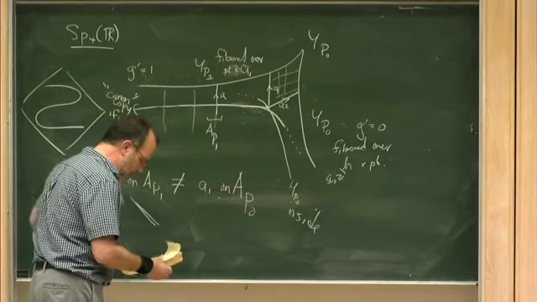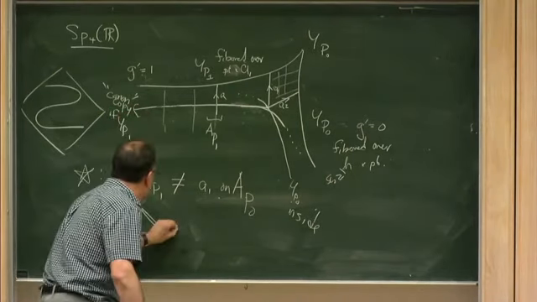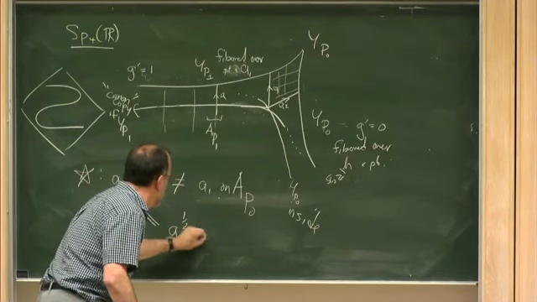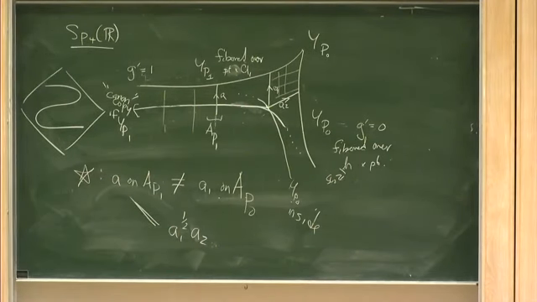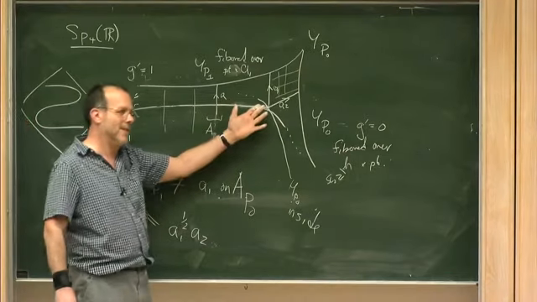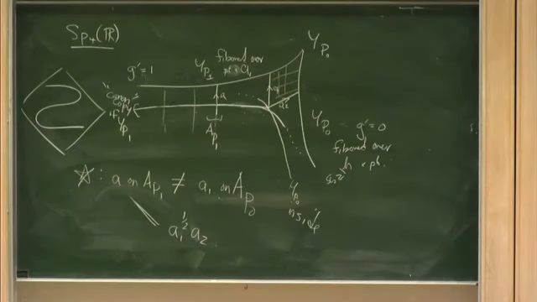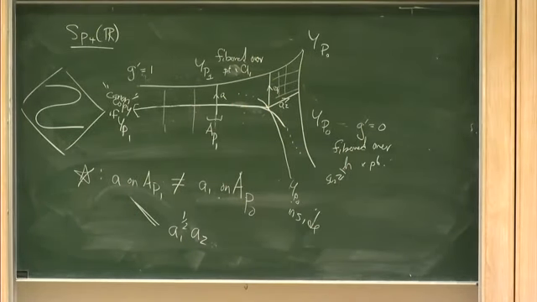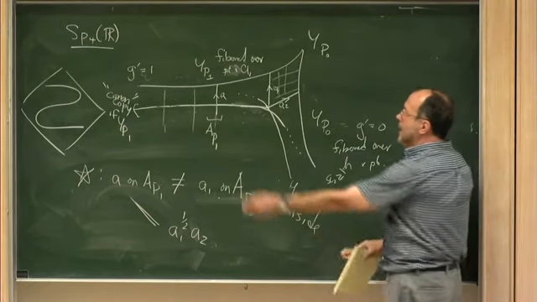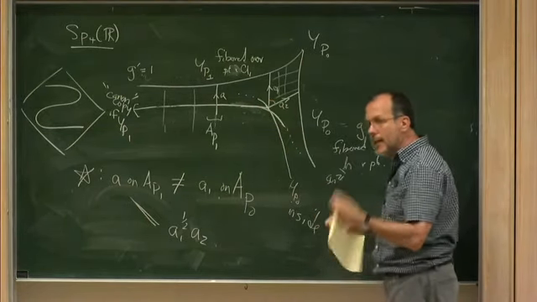It's actually equal to A1 to the 1/2 times A2. And this is because what's behind all of this is the root structure of the Lie algebra, and the root structure is type B2, and the two roots are not orthogonal to each other. So this angle is an acute angle.